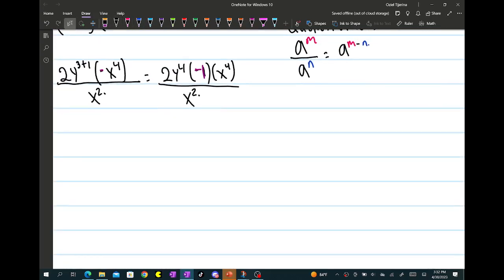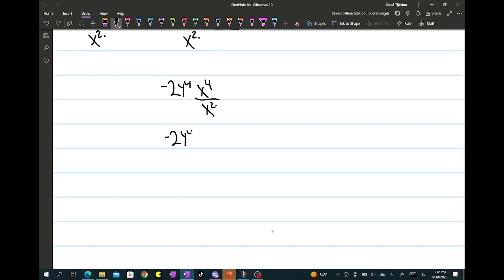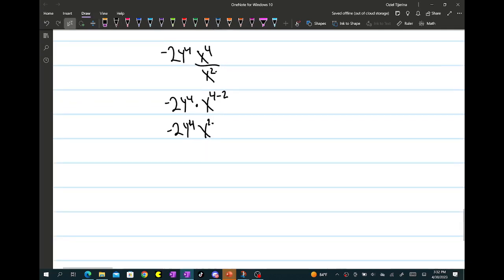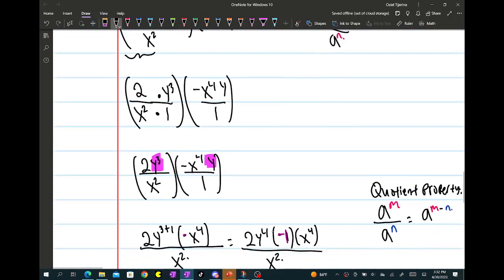So then this becomes negative 2y to the 4th, and then it's going to be x to the 4th over x squared. And again, you're going to say negative 2y to the 4th times x to the 4 minus 2, which is negative 2y to the 4th x squared. You can also say negative 2x squared y to the 4th. Either way, this is your answer for this problem. Okay, that is the first one.